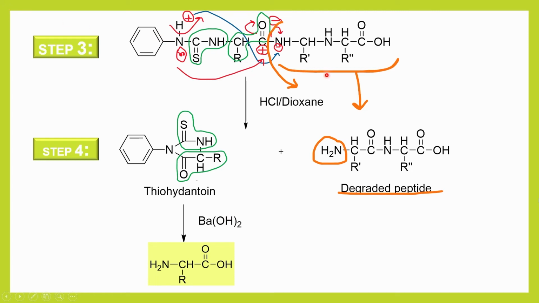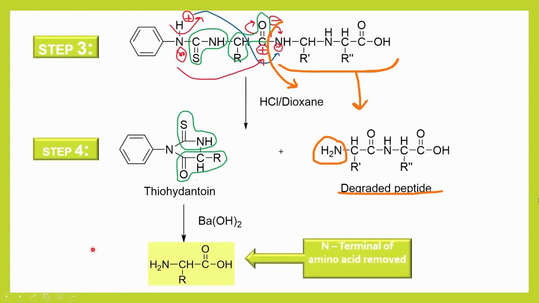Now R dash and R double dash signify that in this chain there are 3 amino acids linked together. So according to this reaction, the first amino acid gets separated out as thiohydantoin, and if we process it further with Ba(OH)2, we'll get the N-terminal amino acid, and this is how the N-terminal is removed.